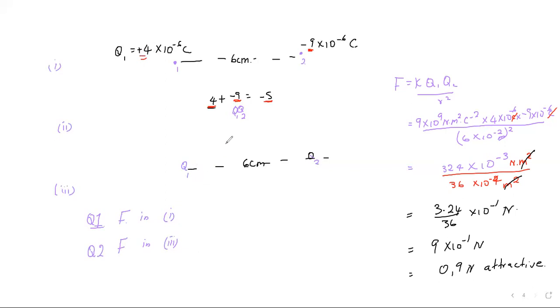So when you separate the two charges back to the original position, they have to share this negative 5. So this will be negative 2.5 microcoulomb. This one will be again negative 2.5 microcoulomb.